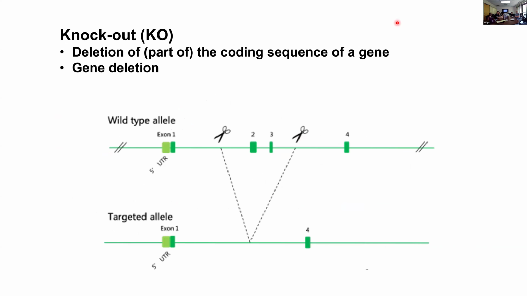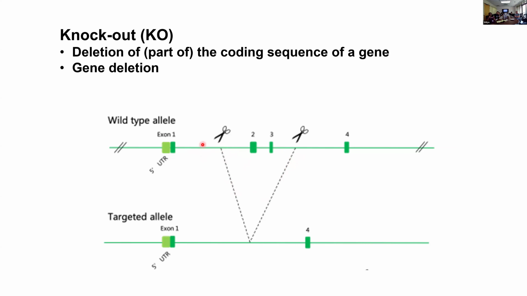Then the knockout approach. The genetic approach to create that allele is similar to knock-in, except that instead of inserting something into your locus of interest, you now delete something at your gene of interest.